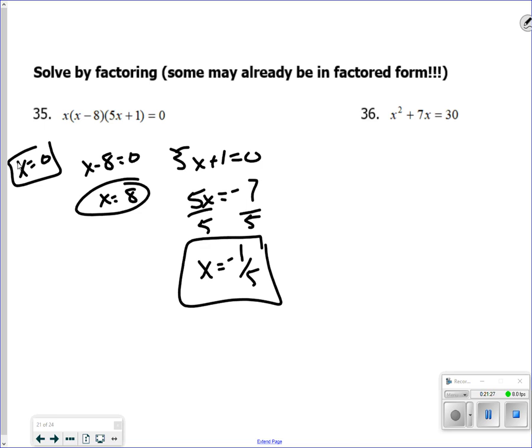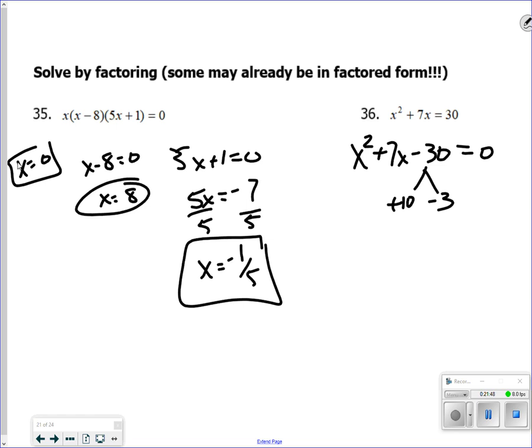And so the question then becomes, what do I do when it is not in factored form? First, I need it to equal 0, so that is my first step here. And then second is to actually factor it using all the methods that I have learned this chapter and all the review questions that I've been doing. So how do I factor a trinomial with no number in front?